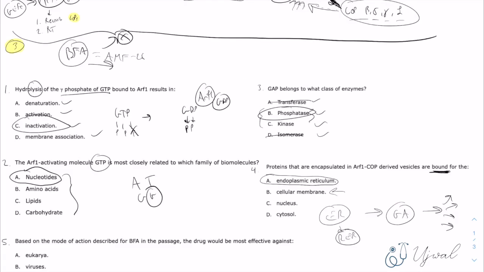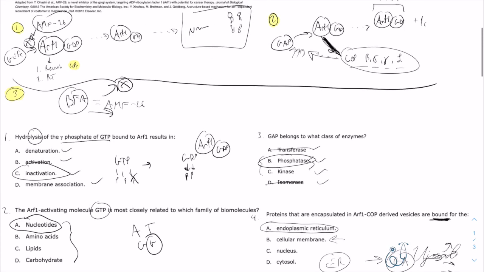All right, so question number 5 is asking us, based on the mode of action described for BFA in the passage, the drug would be most effective against. And so we have 4 answer options here: eukarya, viruses, bacteria, and archaea. So let's remind ourselves what BFA does by looking at our schematic. And here we see in scene 3, we talked about how BFA is going to inhibit this whole process that we detailed from scene 1 to 2.